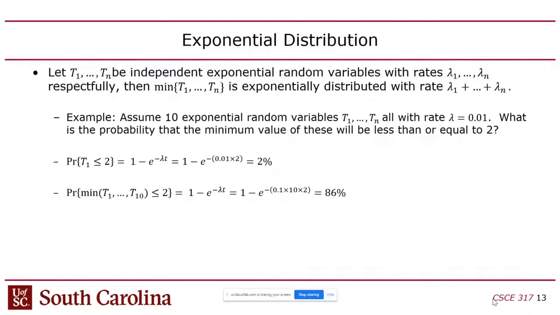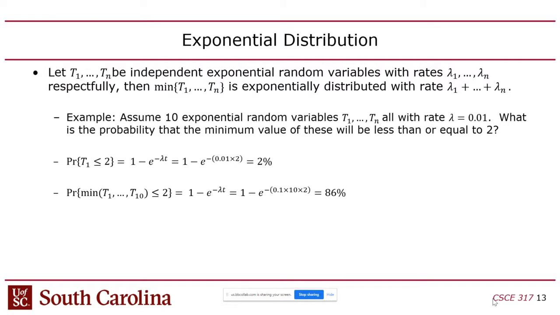Okay, so I had an example. Assume 10 exponential random variables, t1 through tn, all with rate lambda equals 0.01. What's the probability that the minimum of these will be less than or equal to 2? Basically you calculate that based on a lambda of 10 times 0.01. The answer turns out to be 86%. Now the probability of any one of those being less than or equal to 2 is only 2%.